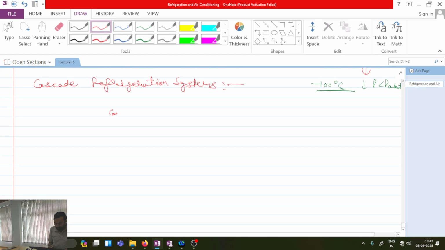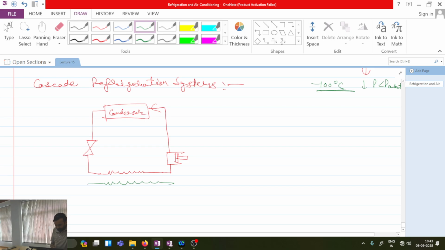Okay, so I will be having a condenser, which will obviously operate at ambient conditions. Then I'll have one expansion valve. After the expansion valve, I will have one intermediate heat exchanger, and then a compressor. So this is the high temperature cycle. Then I will have another, the low temperature cycle.